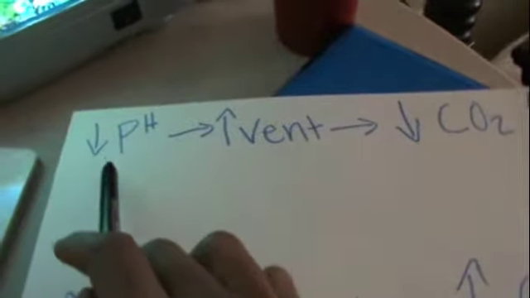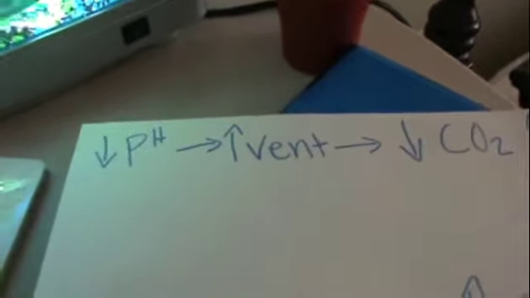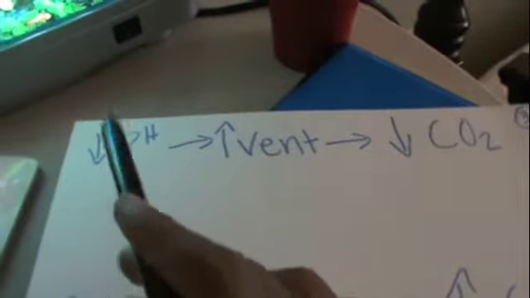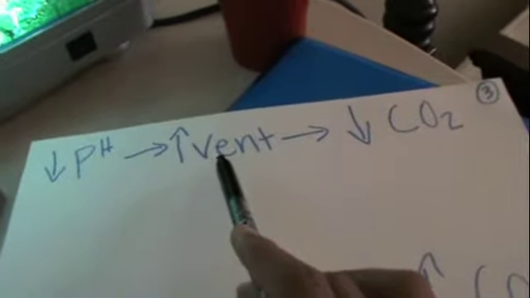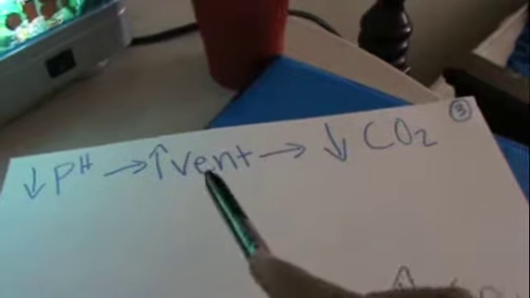Okay, let's do some metabolic problems. Now we are starting with the pH. Before we were starting with breathing, ventilation. Now we are starting with the pH, so it will be a different thing right here. So lower pH is causing high ventilation, and when we have high breathing, the CO2 will always go down.